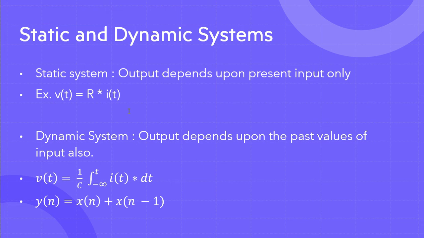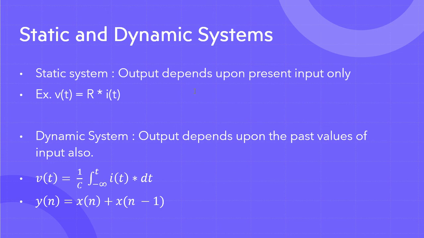Pay close attention that my output is v(t), and the input is the current i(t) multiplied by the resistance R. In my output, the time t is only dependent on the time t of my current, so it is dependent on the present input only.